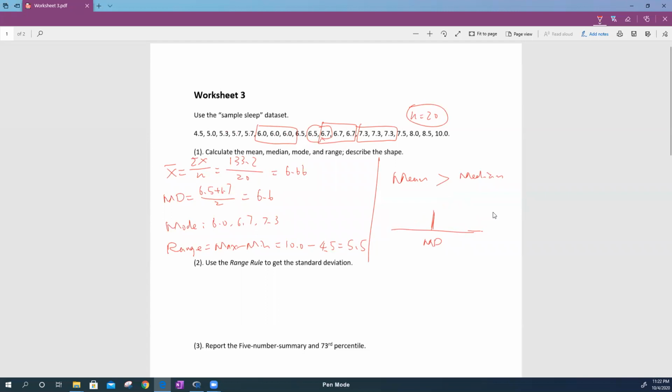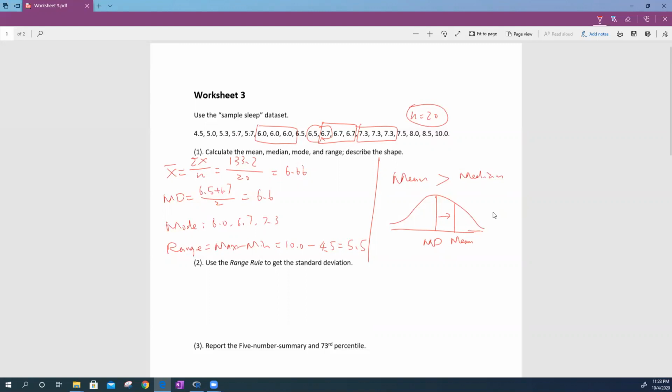Okay, so we need to draw a symmetric distribution first. Since mean and median both describe the center, originally they should both be located right in the middle. And now our mean is more than the median, so that means our mean is shifted to the right a little bit.